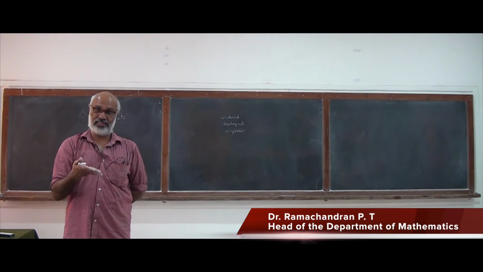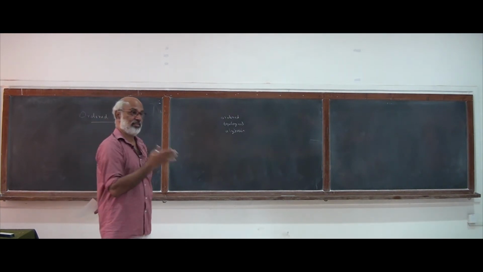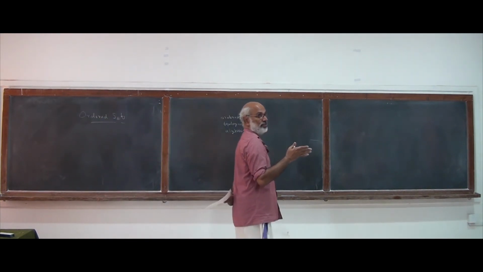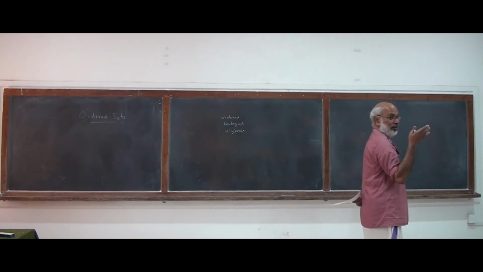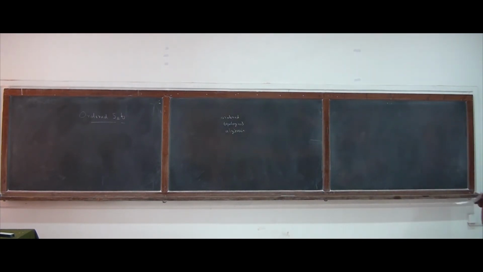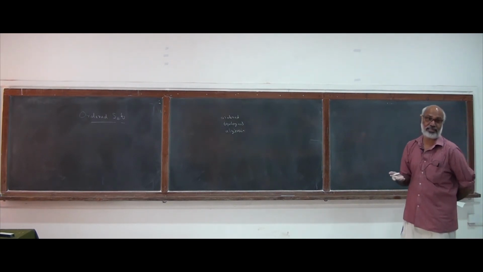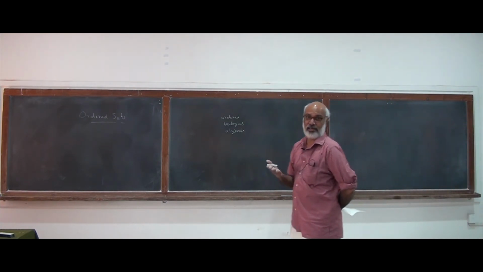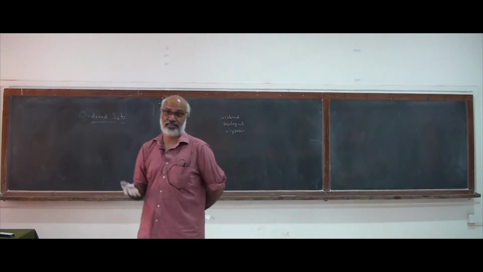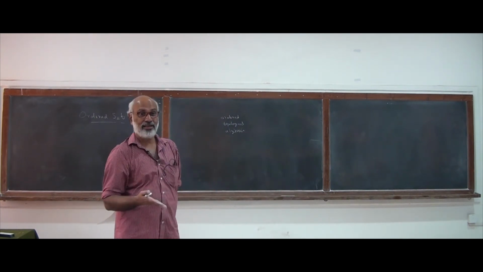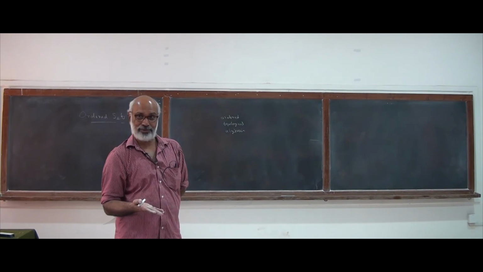There is an order structure there. So an ordered field is a structure with an algebraic structure as well as an order structure. A topological group is a space with two types of structures, namely a topology as well as an algebraic structure, that is, a group.